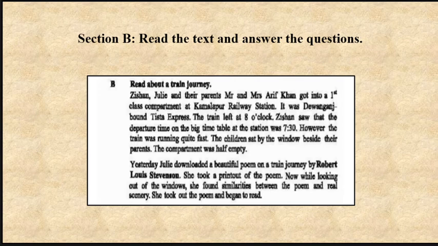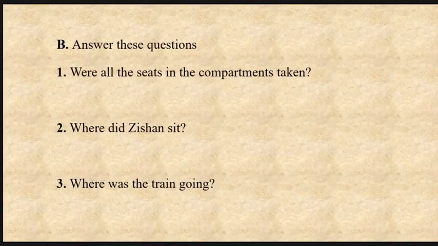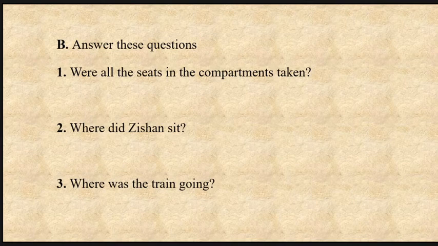I think you have understood the poem well, and now we are going to discuss some of the questions of this lesson. In section B, there are six questions. The first one is, were all the seats in the compartment taken? I discussed the compartment a minute ago.